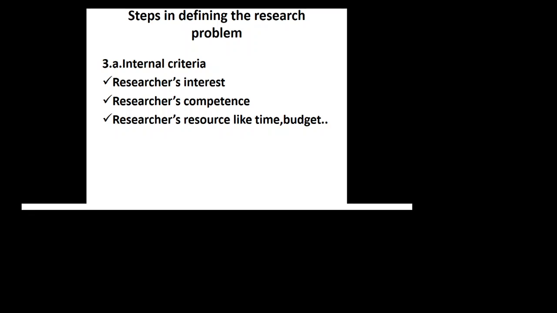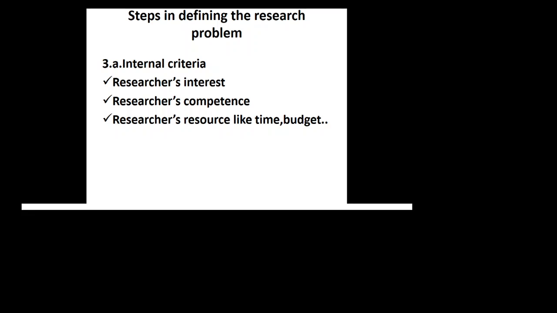So here the criteria are: 1, internal criteria. So you have the researcher's interest. Researcher's interest is the level of interest or curiosity, the level of enthusiasm a researcher has in that particular topic.